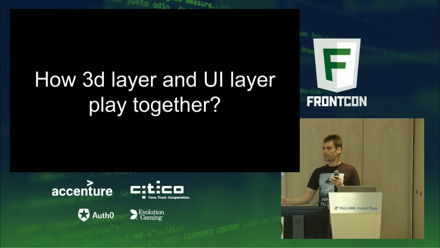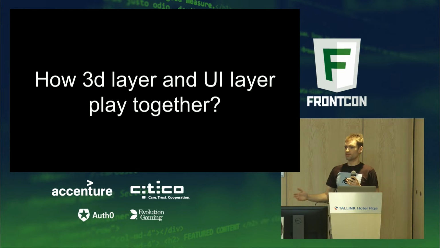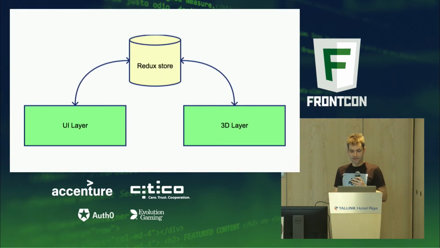How do these two layers interact with each other? Some of you might think that we built some kind of wrapper, like a 3D object JSX tag, but no. Actually, this is something we tried to do at Liberty Global like 5 years ago, and it didn't work.